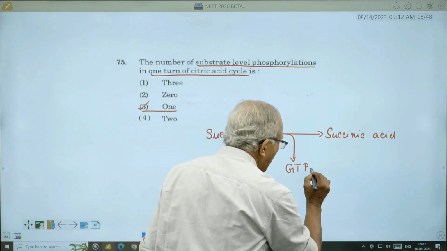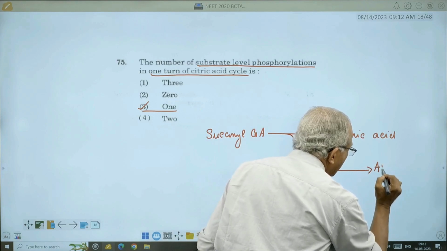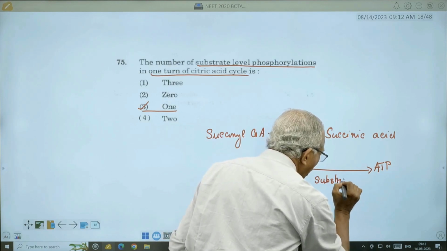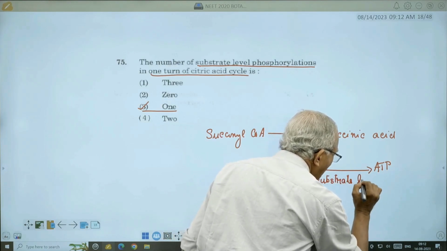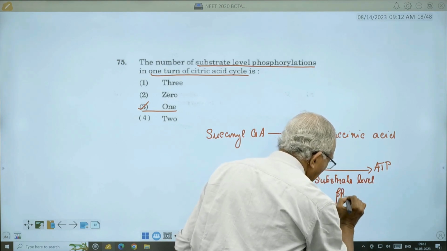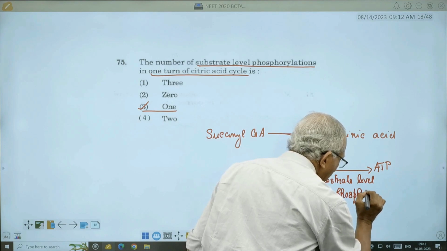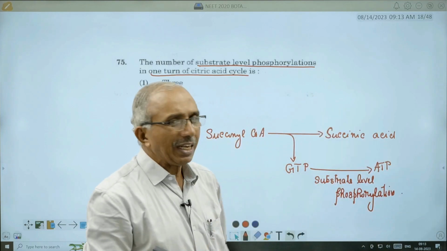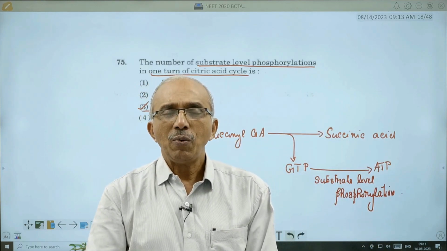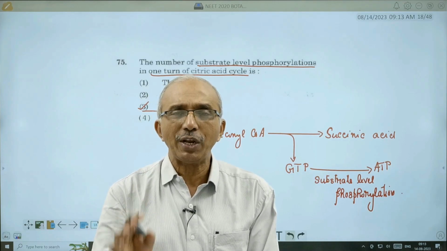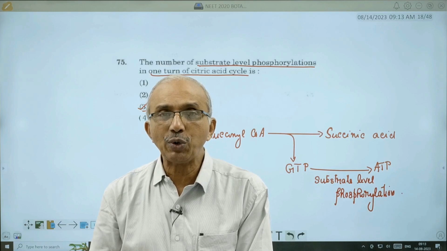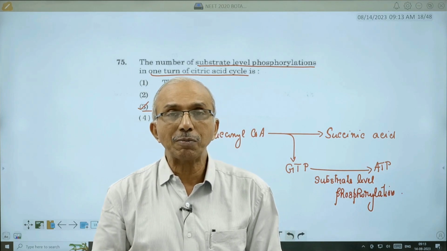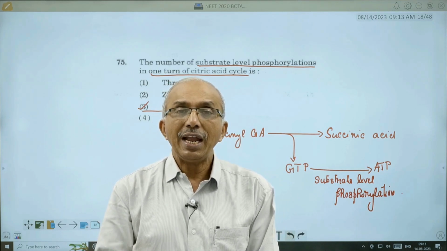This GTP provides ATP through substrate level phosphorylation. What is substrate level phosphorylation? When a substrate having phosphate group is converted into a product, the released phosphate group from the substrate is added to ADP.